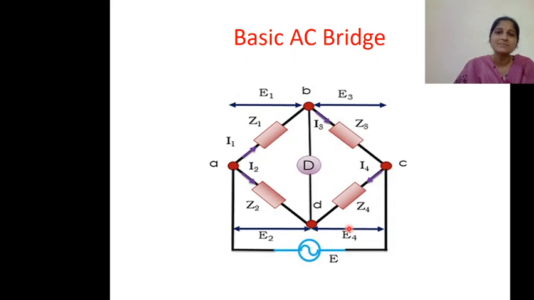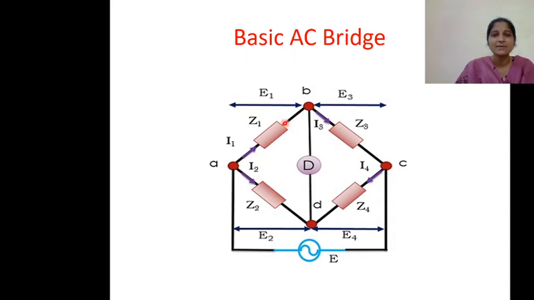Now we shall solve the equation. We shall solve this bridge by using simple nodal equations. The total voltage applied is E, and this E is applied to the total branch, and the current gets divided into I1 and I2. For the bridge to be balanced, I1 should be equal to I3.